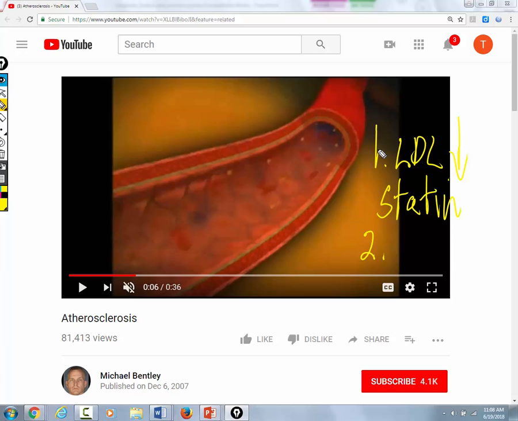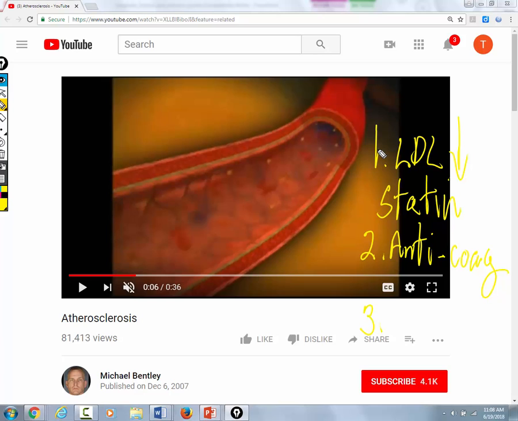Number two. Do you want a blood clot to form in your artery? So they're given some type of anticoagulant. And usually, in the beginning, they're given just aspirin. And then later, if it's really bad, they'll start getting more powerful anticoagulants. All right?